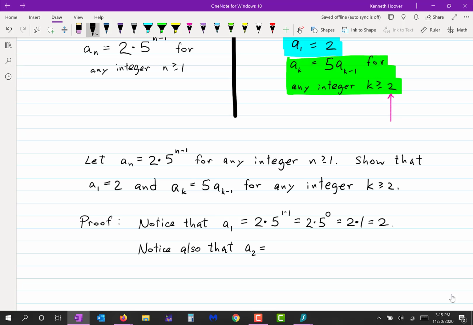Okay, so I should write a sub 2 equals 2 times 5 to the power 2 minus 1, which is 2 times 5 to the power 1, right? Which is 2 times 5.